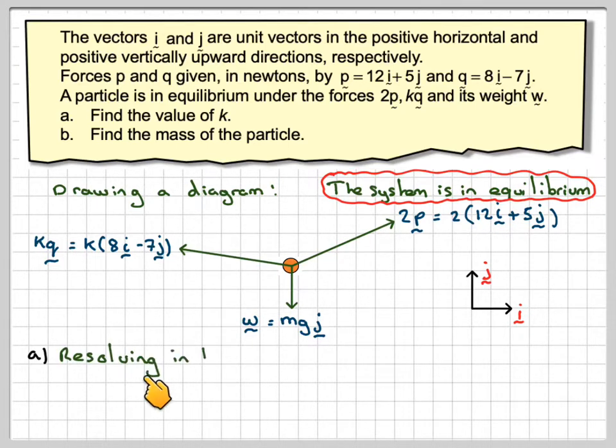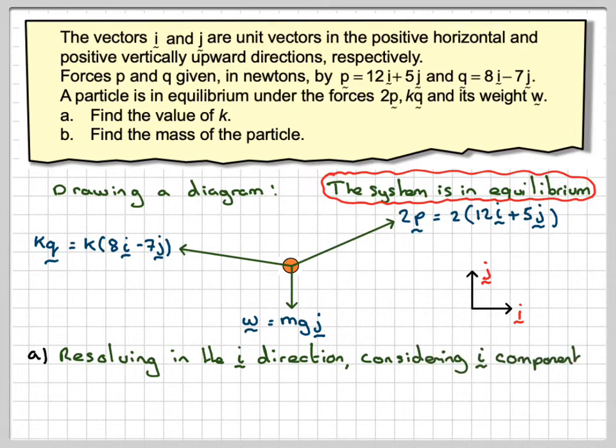So resolving in the i direction, we've got 2 times 12 plus 8k equals 0, because it's in equilibrium. So 8k is -24, and k is -3. Like I suspected, it would probably have to be negative for the i components to balance each other out.